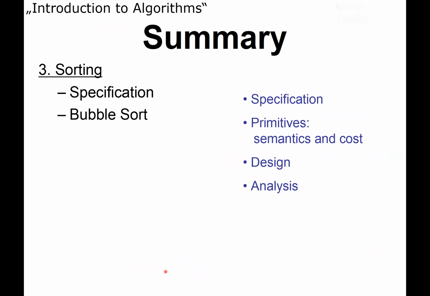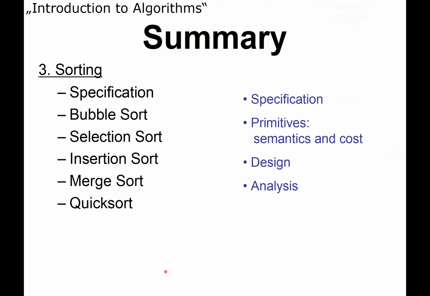We talked about specification of sorting, talked about first comparison-based sorting algorithms: bubble, selection, insertion, merge, and quicksort. In quicksort, we realized that quicksort is not really quick unless we put some effort into the choice of pivot.